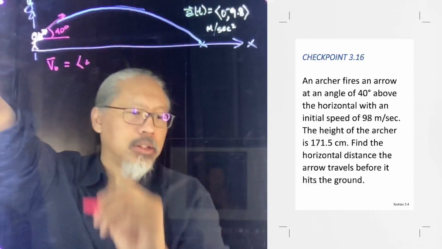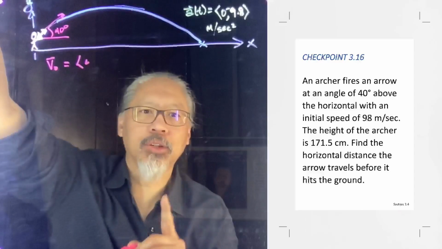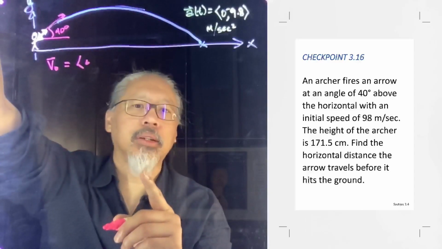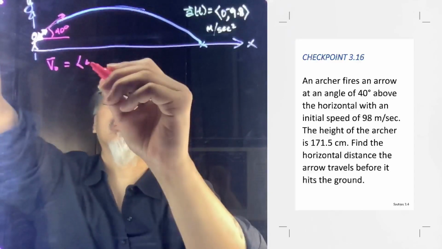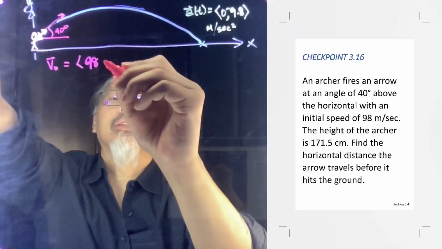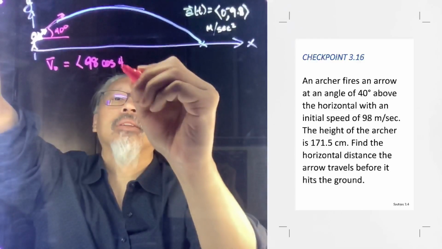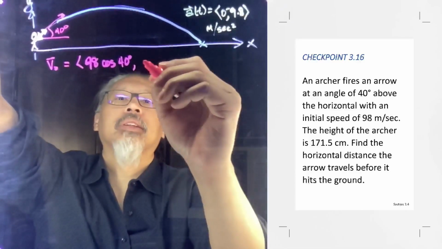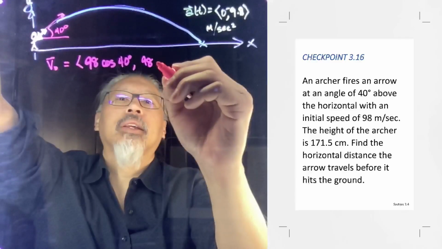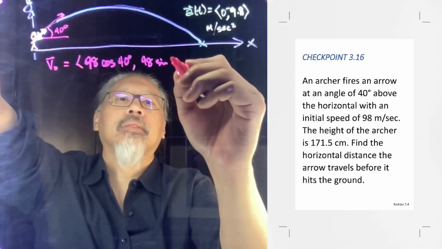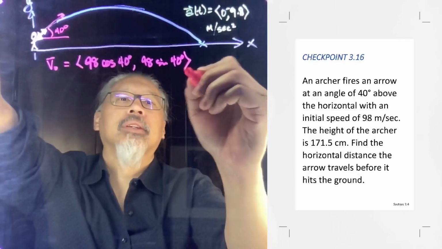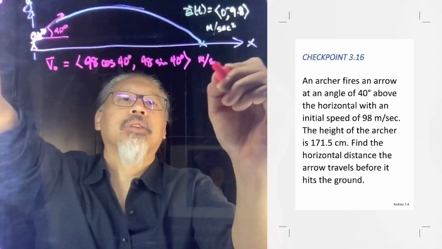It's going to be the speed, which I believe was 98 meters per second: 98 times the cosine of the angle of inclination, and 98 times the sine of the angle of inclination, in meters per second.